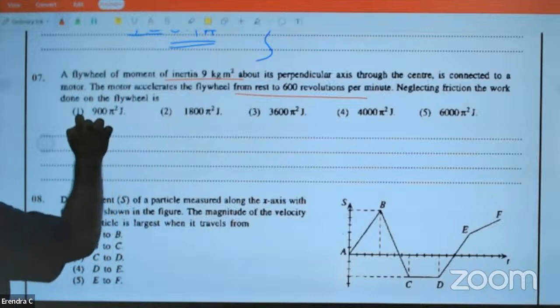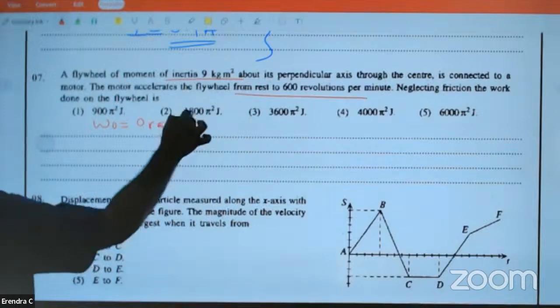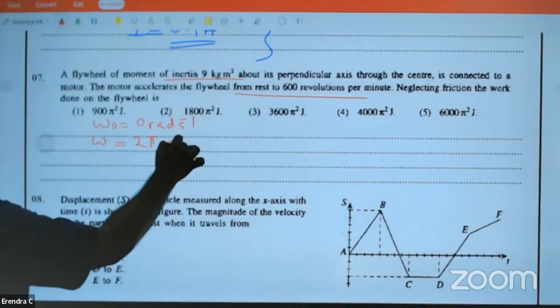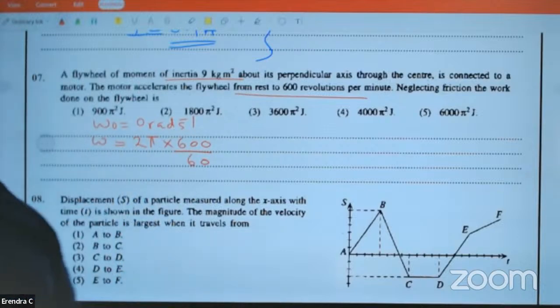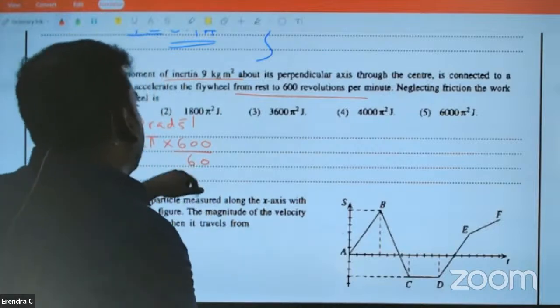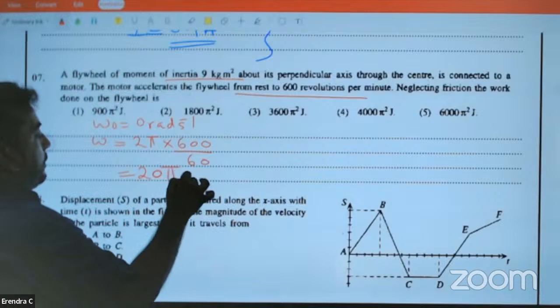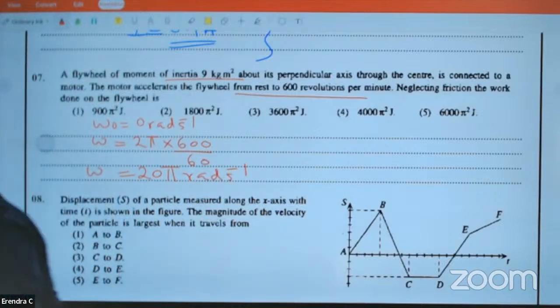So here omega naught is 0. Omega is equal to 2 pi n. N is 600 revolutions per minute. 600 divided by 60 is 10. 10 times 2 pi is 20 pi radians per second. That's your omega.